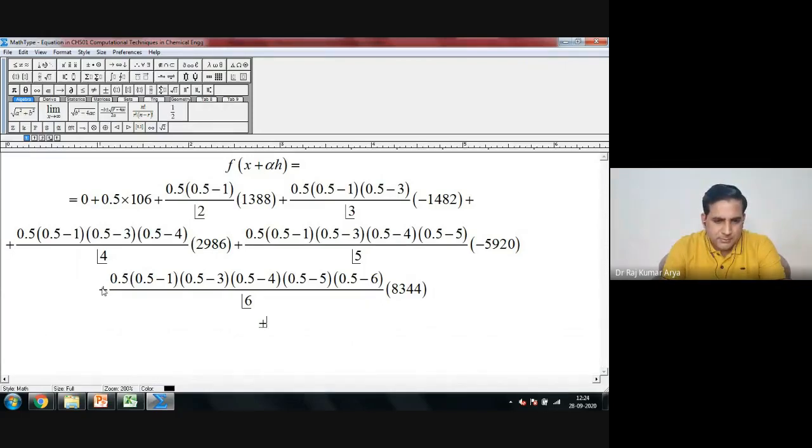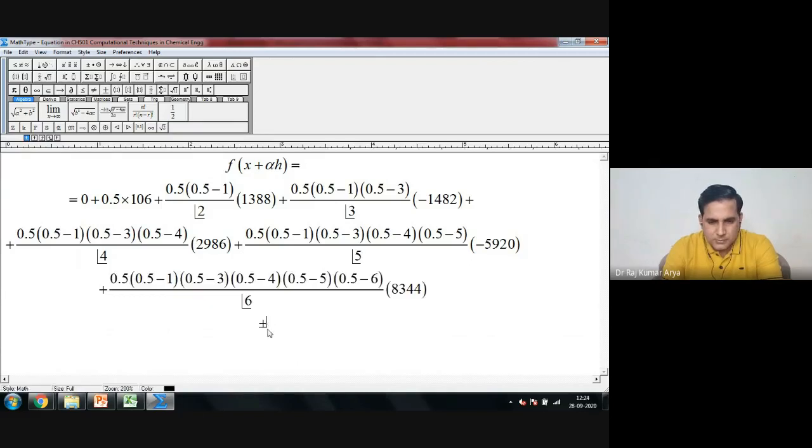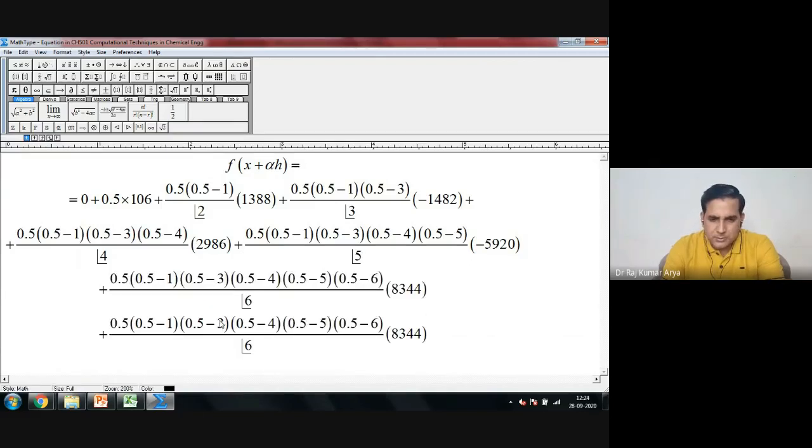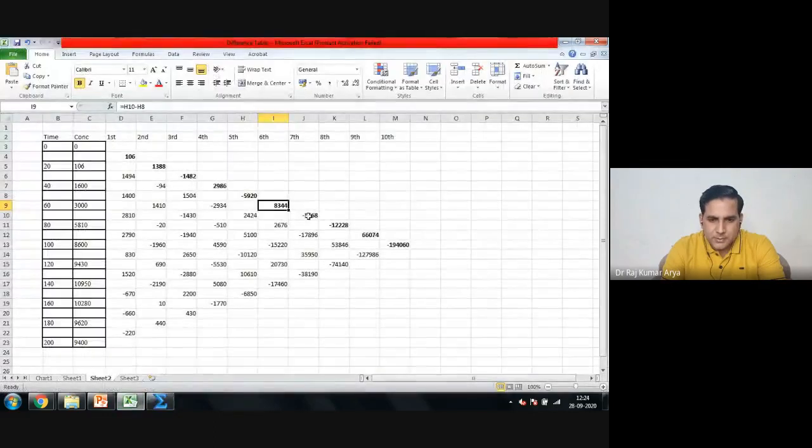Then you have the 7th difference. Here we have the seventh difference point in this one.